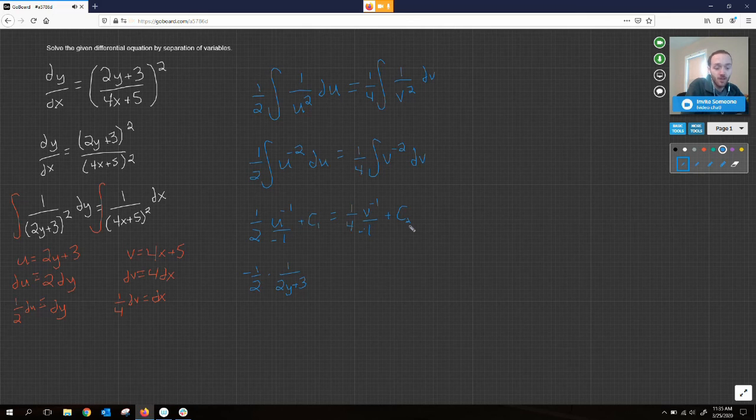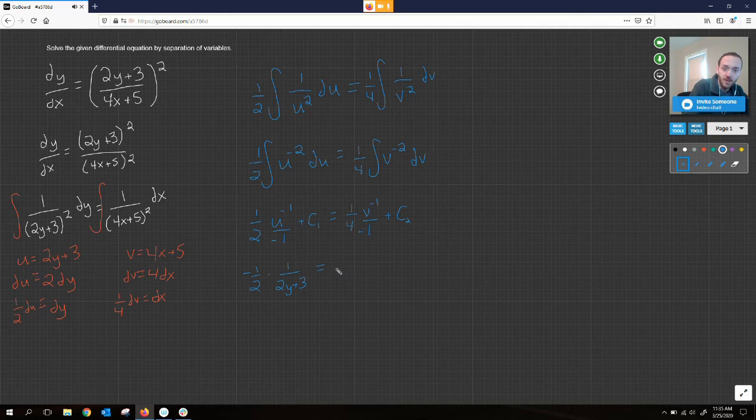And that is the shorthand that a lot of books use and that we will use in future problems. I wanted to show a point here that yes, they both have a plus c, but because they're both arbitrary, we combine them on the one side. Typically the side of the independent variable, which for us will be the x. So because my v was the sub for x, we're going to put it on the v side.